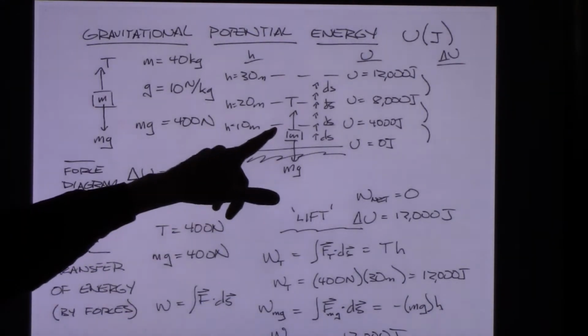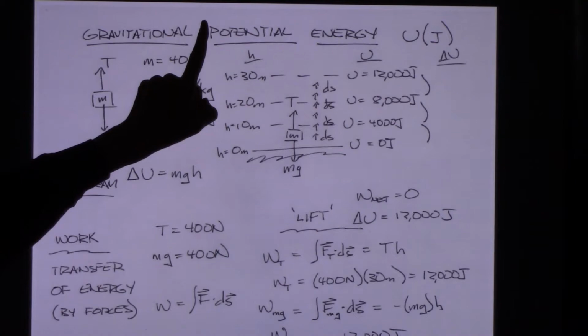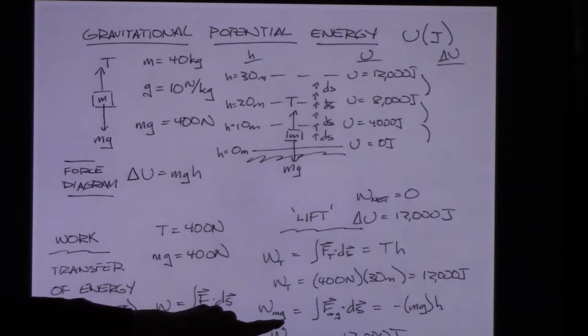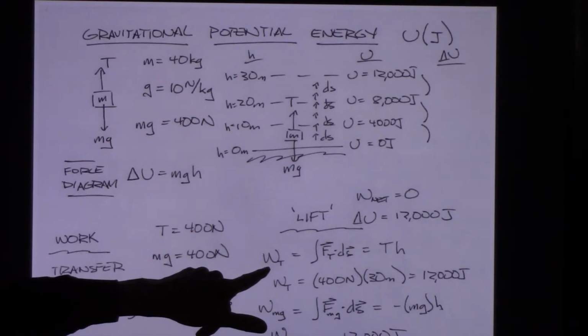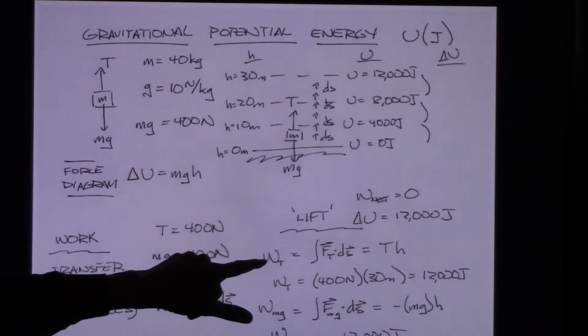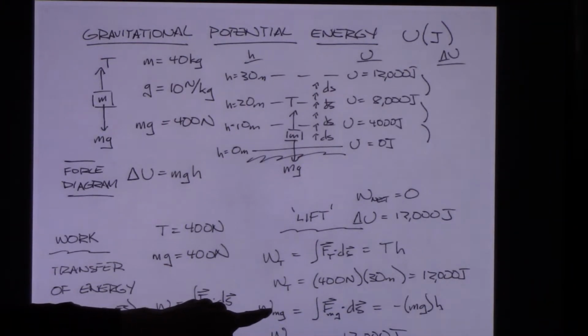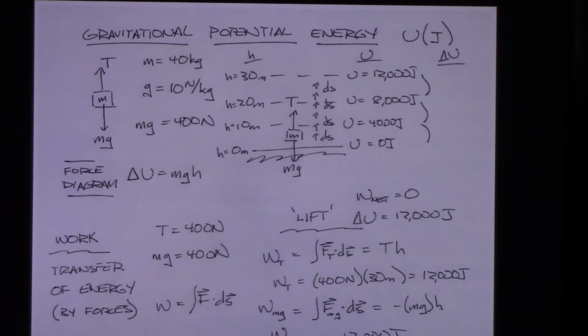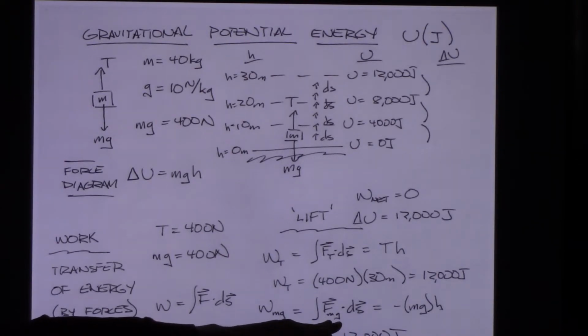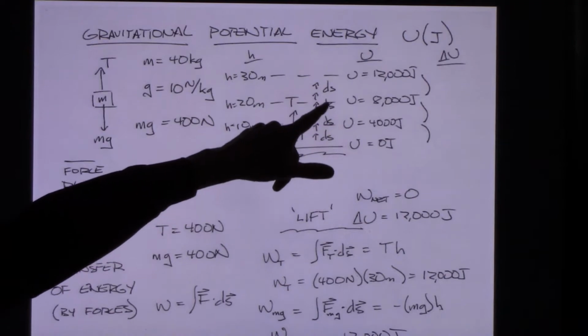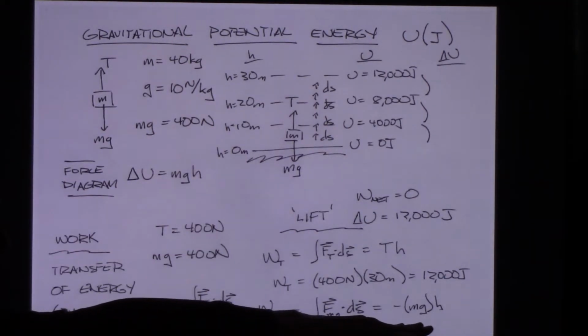Now, at the same time we're lifting with tension T, gravitational force is pulling downwards. We already talked about how much work we're doing by lifting this object. What's gravity doing? The work done by gravity as we lift something up: the gravitational force is in the opposite direction of the little ds's that we're taking, and so I get a minus sign here.